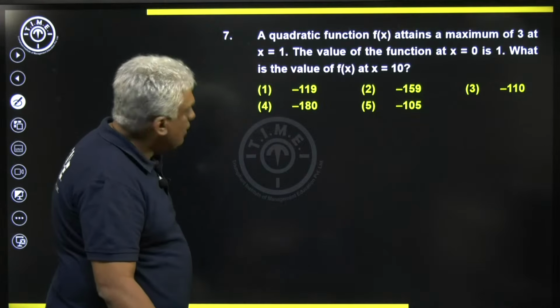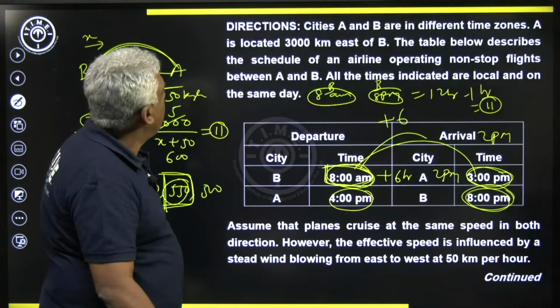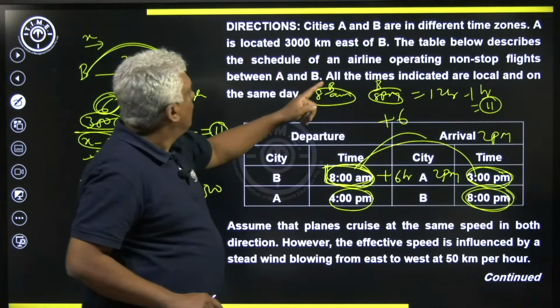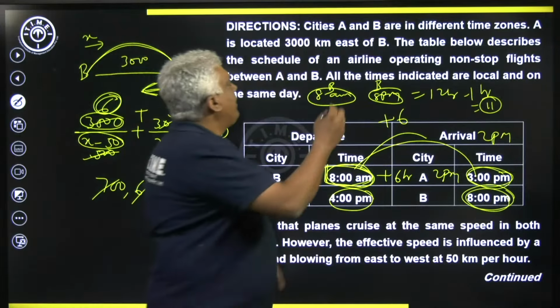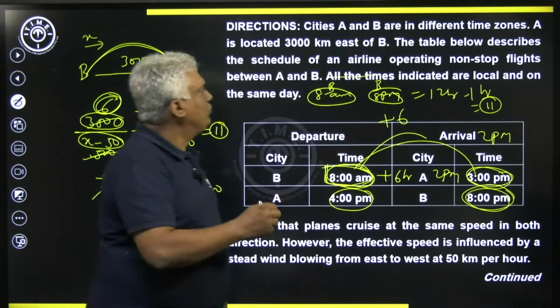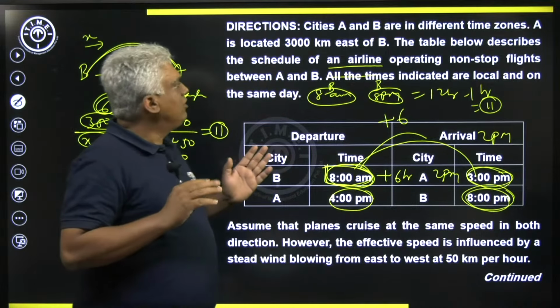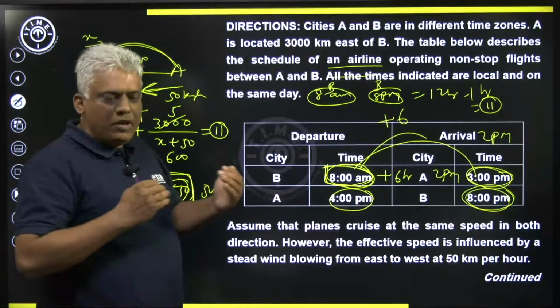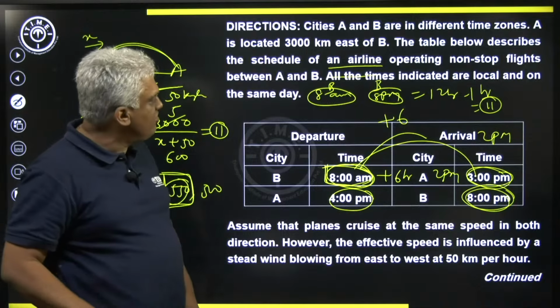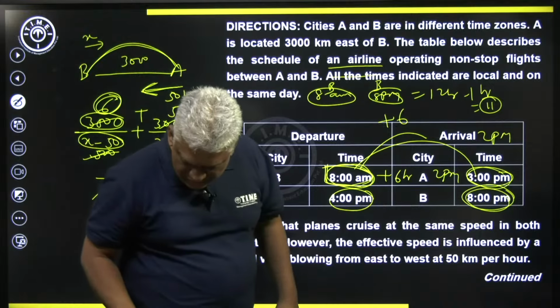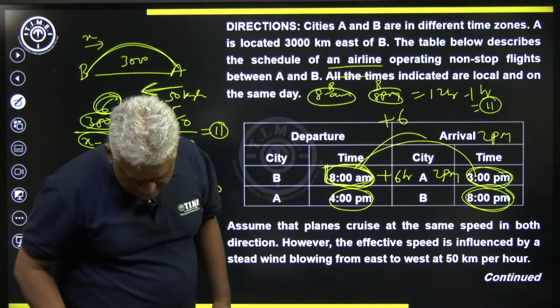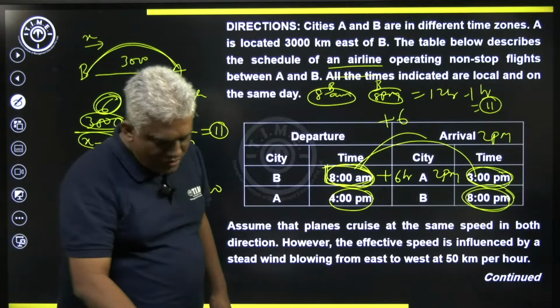Okay, see, no different plane. It's the schedule of an airline, so the same plane is going. So the speed is constant. The absolute speed without wind, the plane's speed is constant, right? Only because of wind, its effective speed is changing, both ways. Okay, thank you. You got it finally.